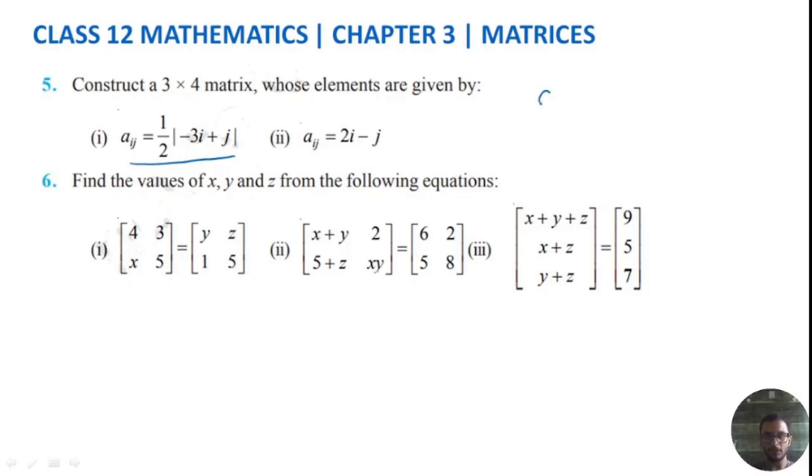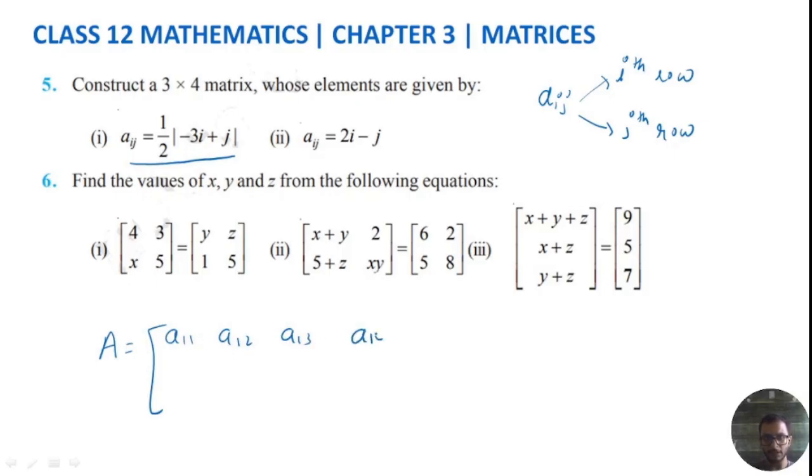We know Aij is the term of the matrix in the ith row, the intersection of the ith row and jth column. The intersection of both of those is the Aij element. So if I am writing a general 3 cross 4 matrix, it will look something like this: A11, A12, A13, row 1 column 1, row 1 column 2, row 1 column 3, and A14.